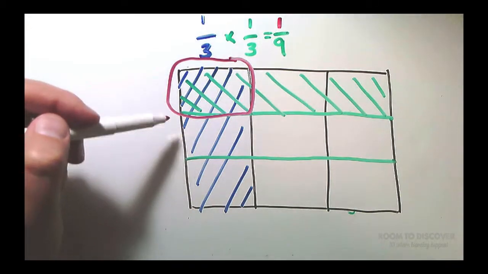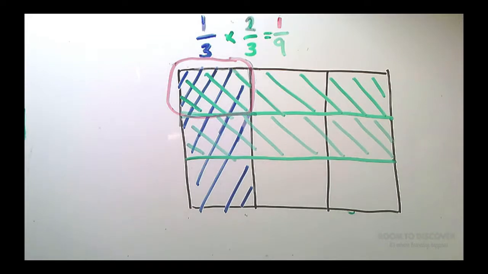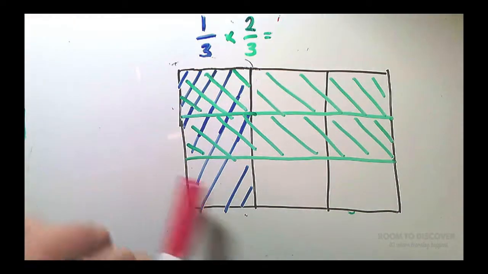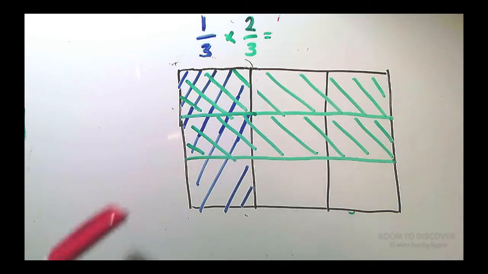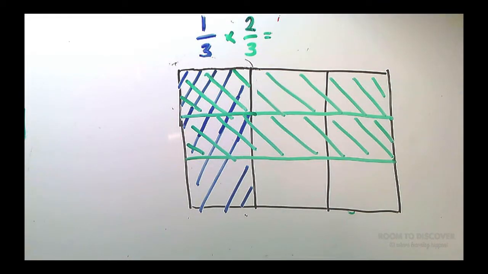Now, we haven't quite generalized that yet, but let's step back just a second. So now instead of just limiting myself to unit fractions like 1/3 times 1/3, I've done 1/3 times 2/3. So now my green fills up 2/3 of the total.